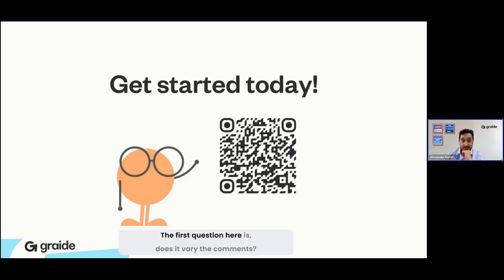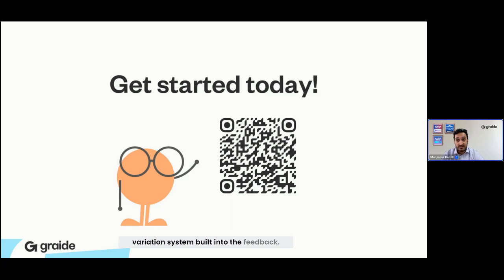The first question here is, does it vary the comments? One of the concerns raised by students is often copy and paste comments rather than personalized feedback. Right now, there isn't a variation system built into the feedback. It is based on your rubric-based comments. What we recommend is a hybrid.